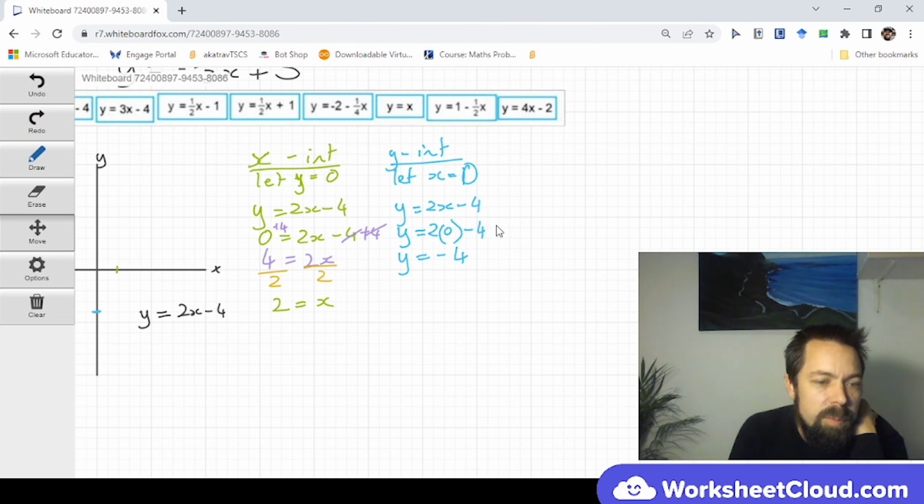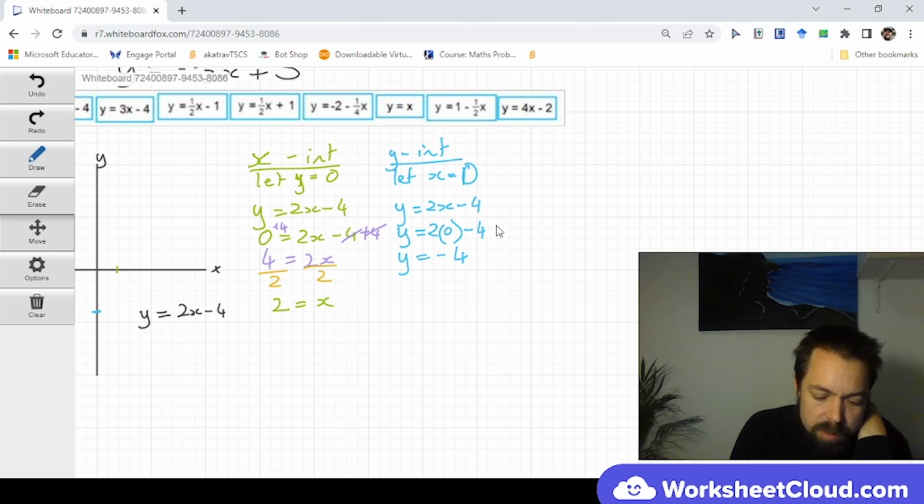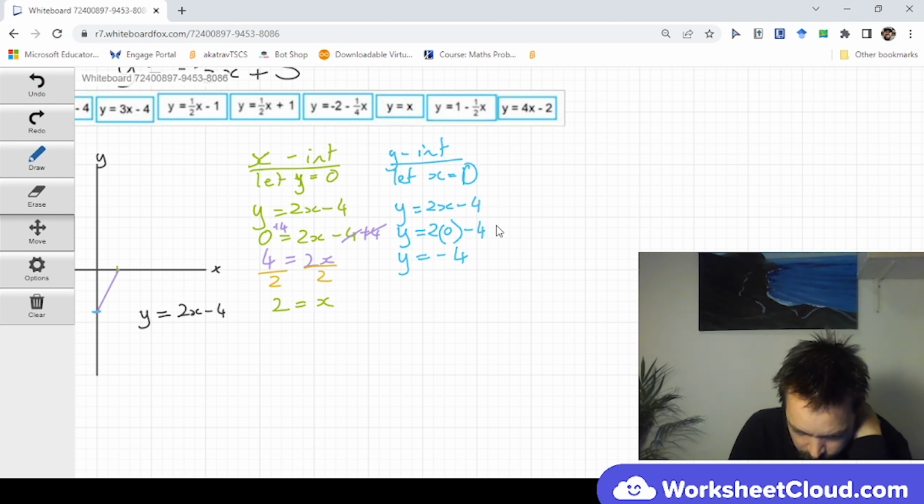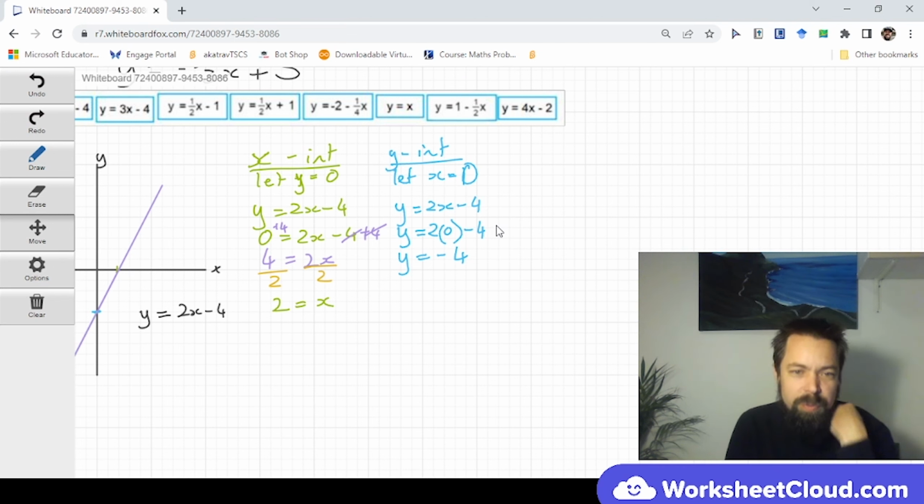Now that I've got my two dots on my graph, I simply would use a ruler. I probably should use a ruler, to join those two points. It's a little hard to get the same straight line, but this should go on in both directions and have arrows on the ends.